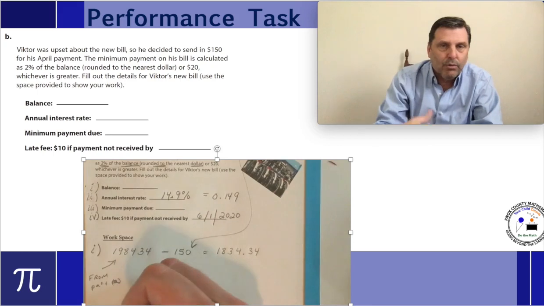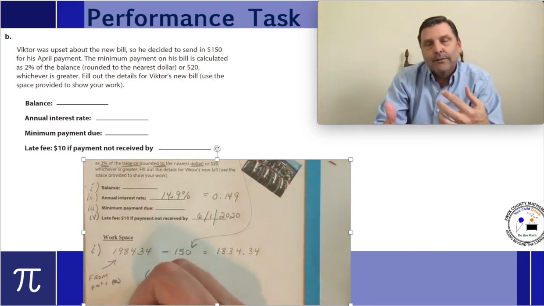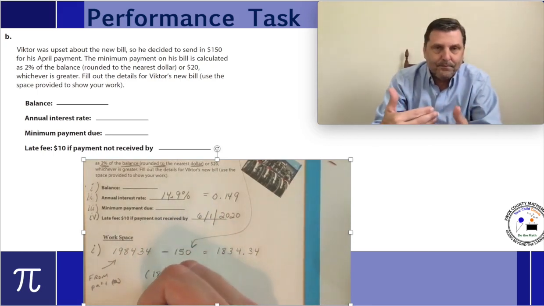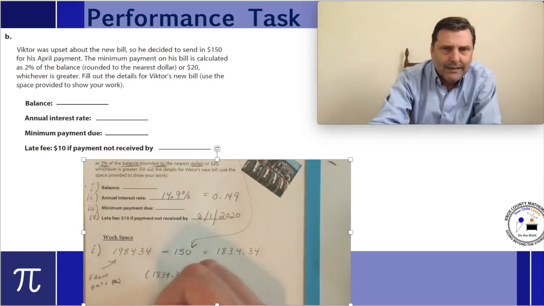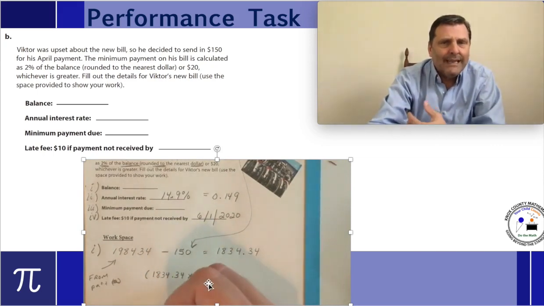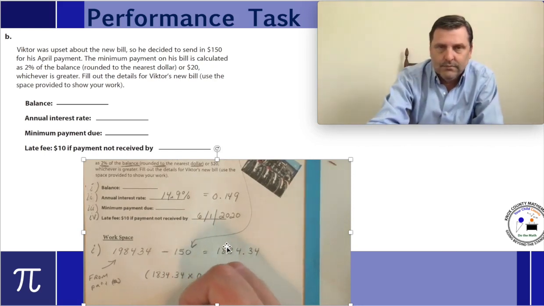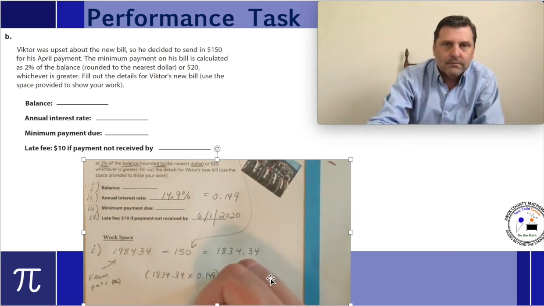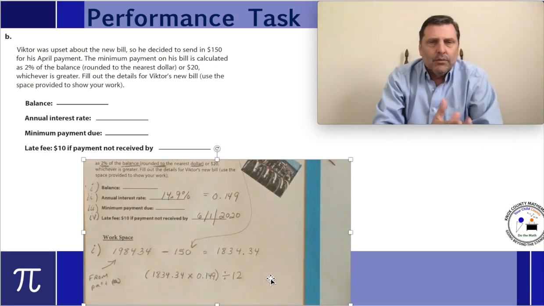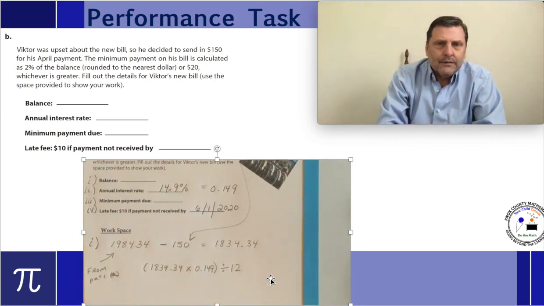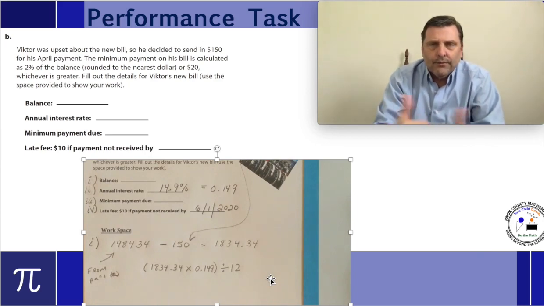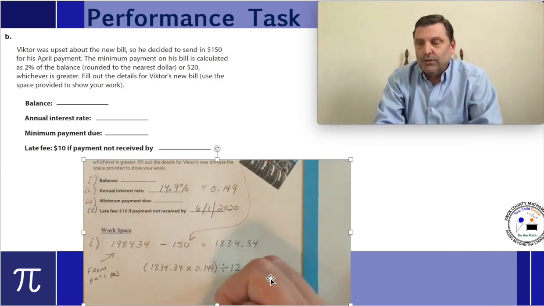And just like before, we find out what 14.9% of this amount is, and then divide that by 12 to figure out what the monthly interest rate was. So $1,834.34 times 149 thousandths, and then divide that by 12.